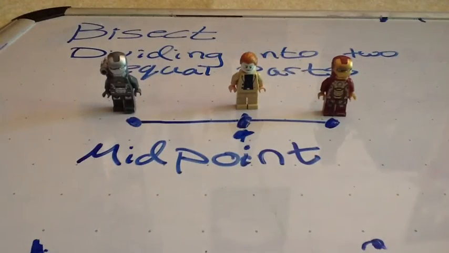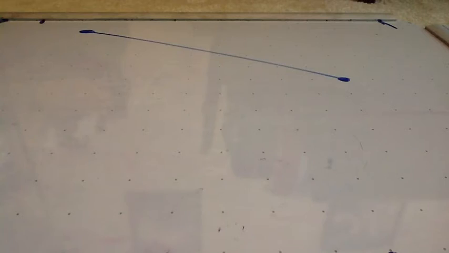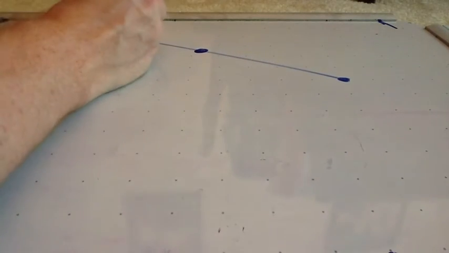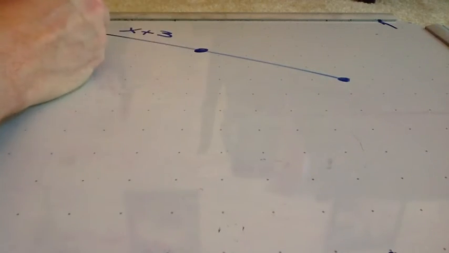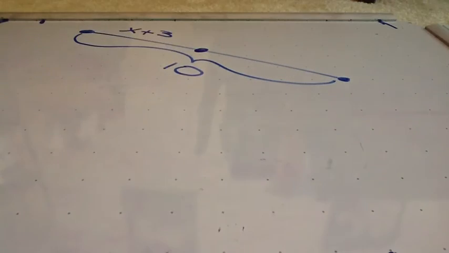Now this gets kind of tricky when we start to get into the actual problem side of things. Because if I have a segment here, and I tell you that that's the midpoint right there, and this is x plus 3, and the whole segment is 10 units long.